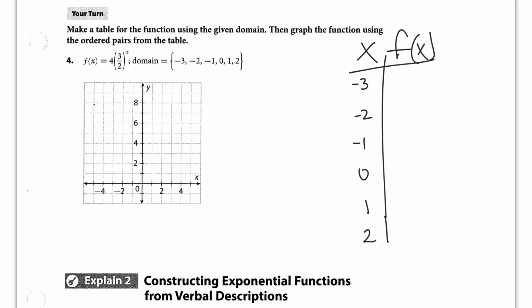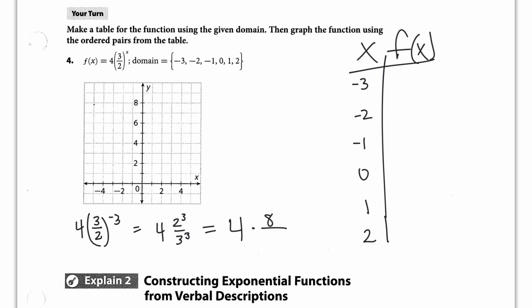If I plug in -3, that's going to flip that fraction over, and each of those pieces, the numerator and denominator, will be to the power of 3. Two cubed, that's 2 times 2 times 2 is 8.